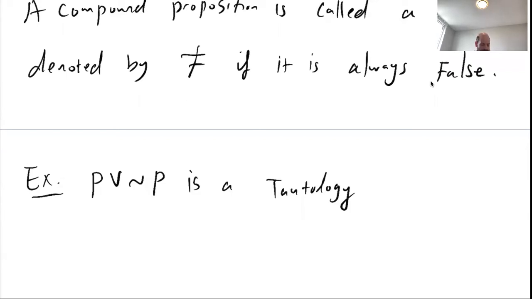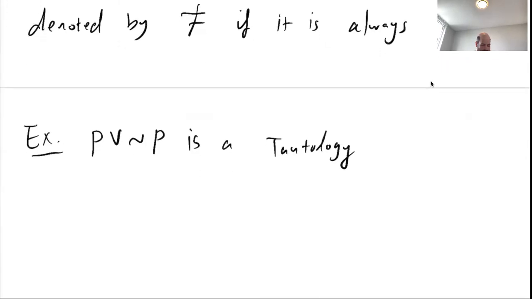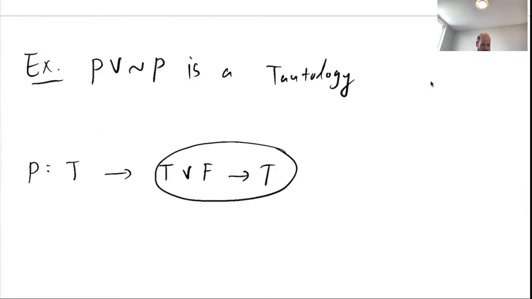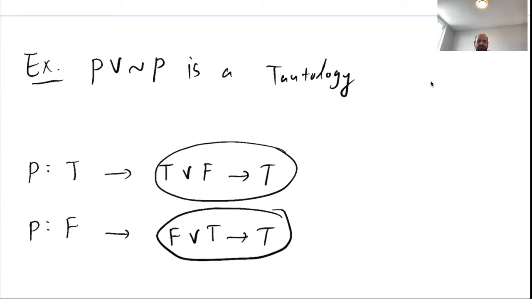If P is true, then we have true disjunction false, which will be true. And if P is false, then you will have false disjunction true, which will also be true.